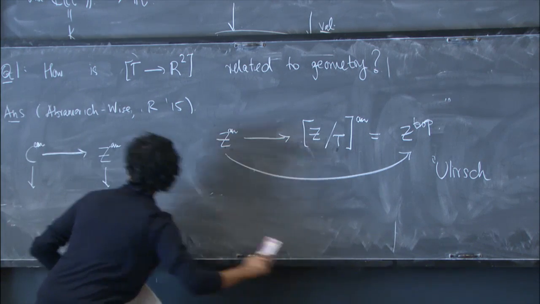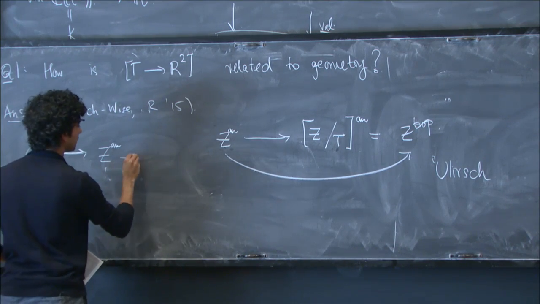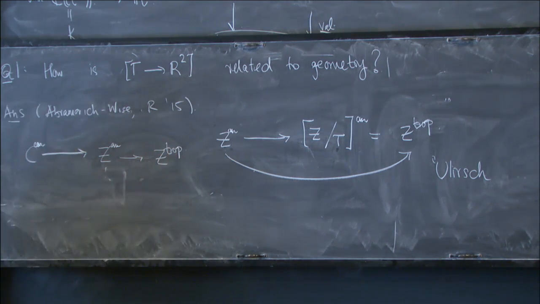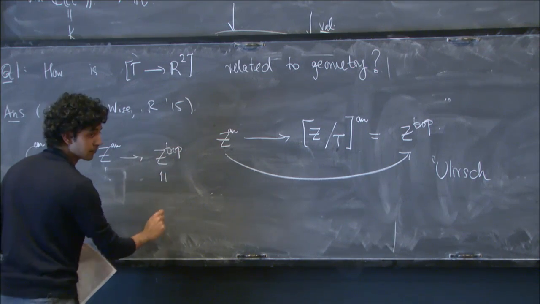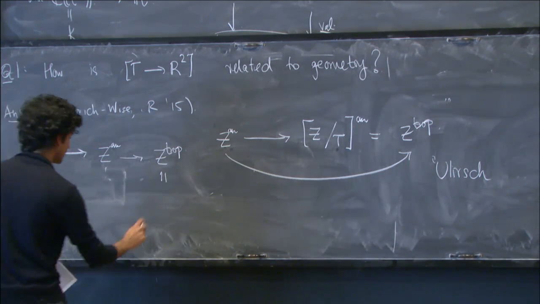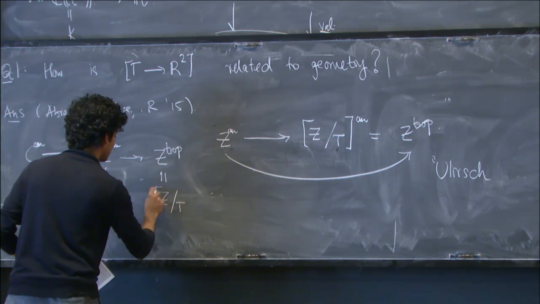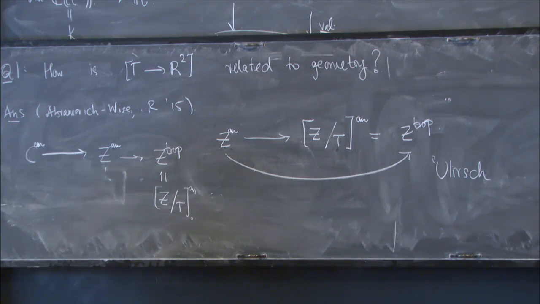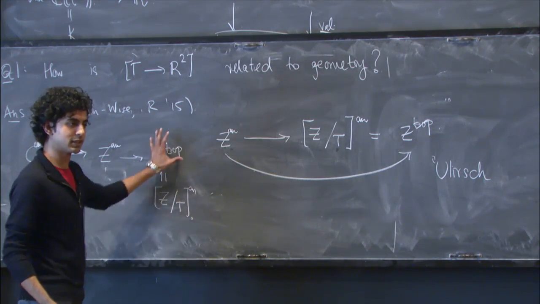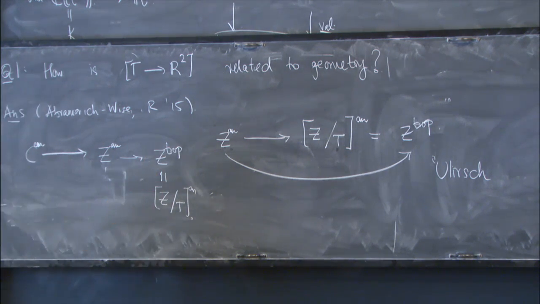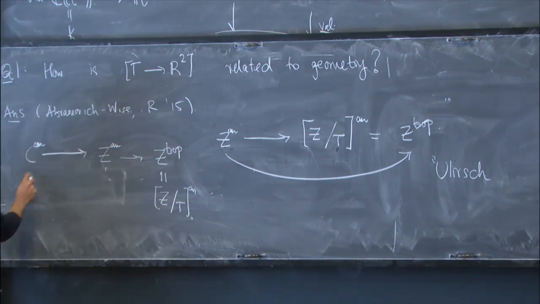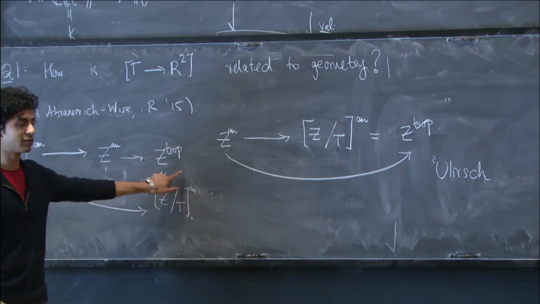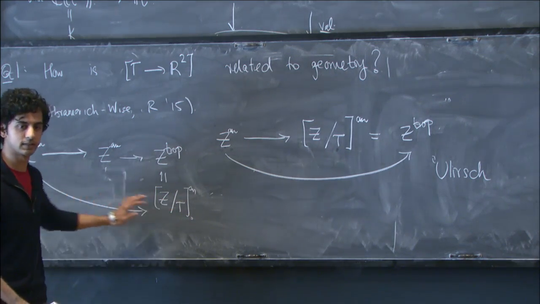Okay, so maybe I'll say it like this. And then what I'm also saying is that this Z here is my toric variety. And what I'm saying is that there's actually some secret algebraic stack hiding here that is recovering all the information of the tropicalization. And so the answer is that maybe you can't always map through Z to your tropicalization, but you can always map directly to this stack.